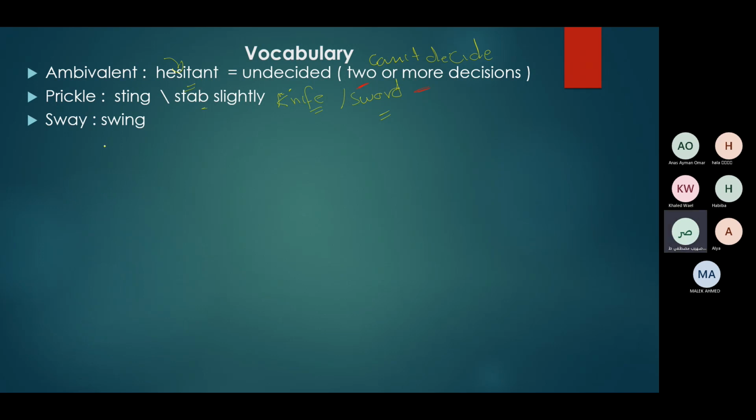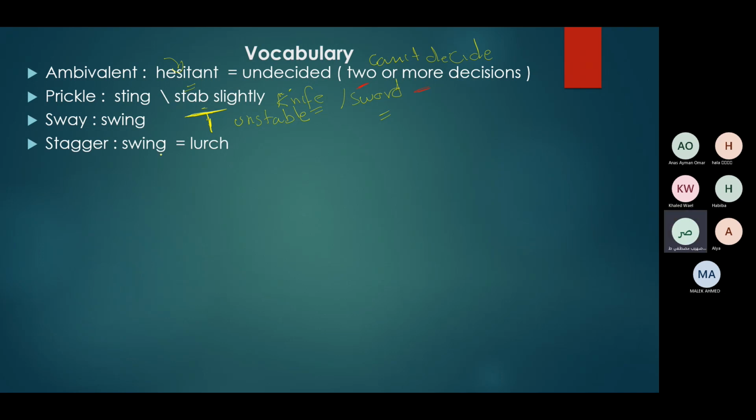3, sway means swing. Imagine the swing that you play with. Swing means unstable, because the swing is not stable, moving right, left, up and down. The same meaning is stagger.